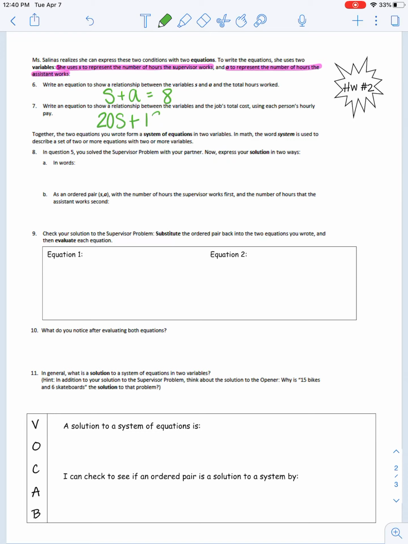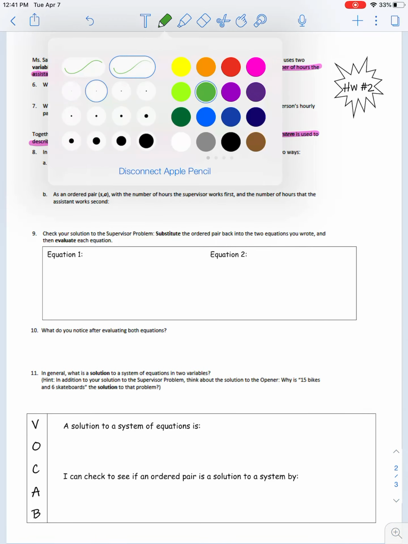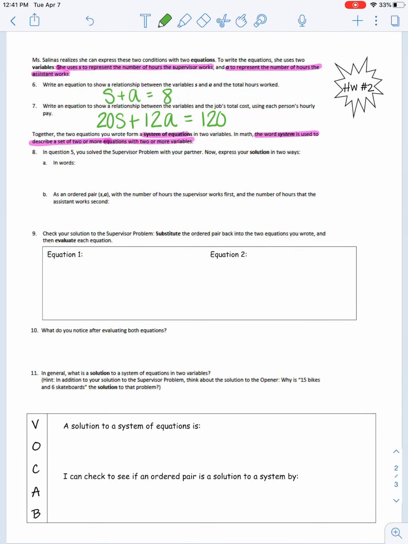We're just going to replace the variables now. 20S plus 12A, and that has to equal $120. Together, these form a system of equations. Here's your vocab. The word system is used to describe a set of 2 or more equations with 2 or more variables. In our case, it's just going to be 2 variables. We won't see anything bigger.